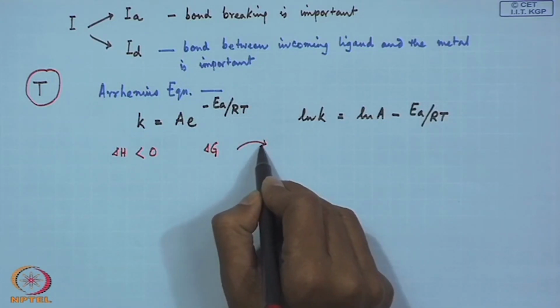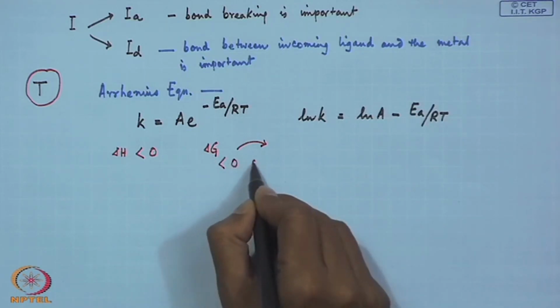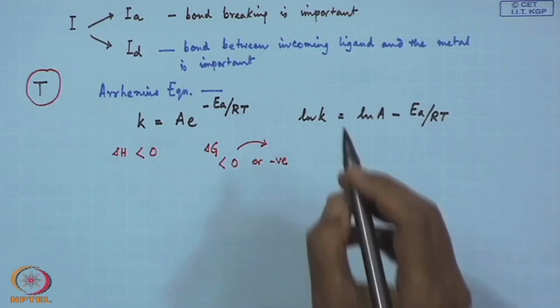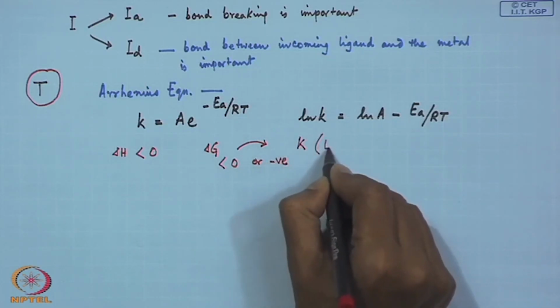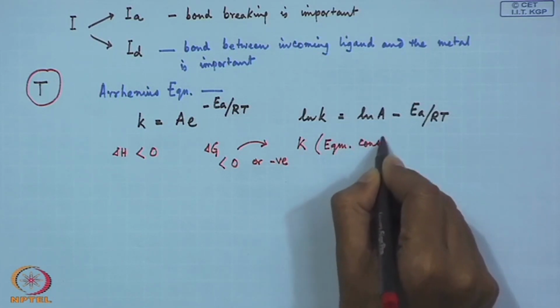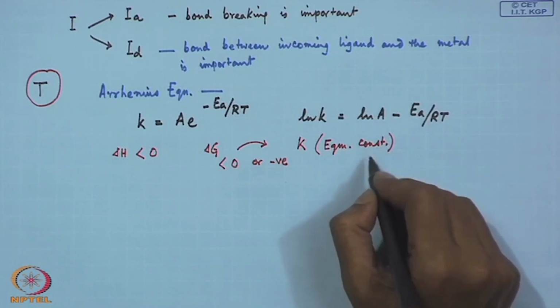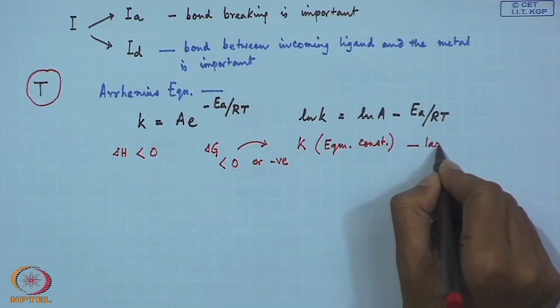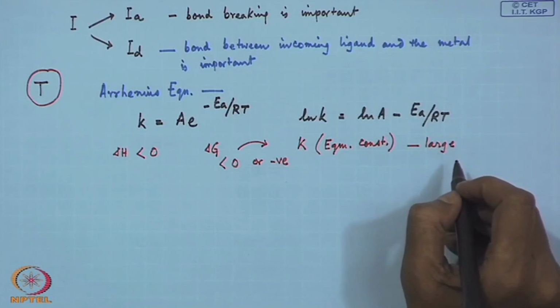And if this is negative, less than 0, we can have the K value, the equilibrium constant, and this equilibrium constant would be large.